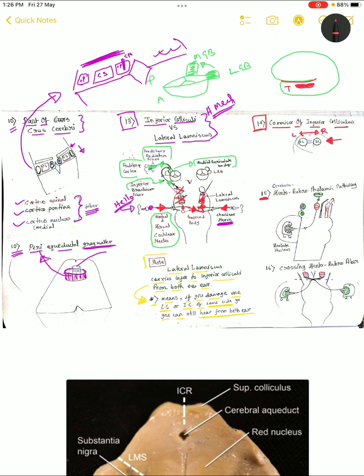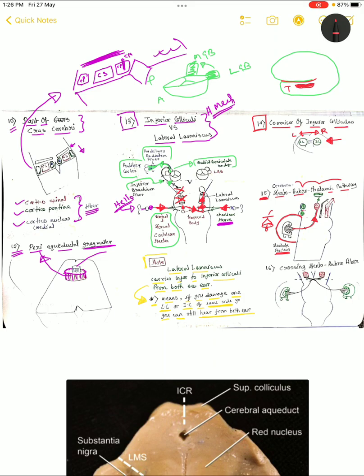Now come to 15. Here we are going to find the dento-rubrothalamic pathway or cerebello-rubrothalamic pathway. Same thing. So this is our cerebellum. In this cerebellum, you will find one particular nucleus which is known as dentate nucleus. From the dentate nucleus, one fiber will go up like this to the red nucleus.